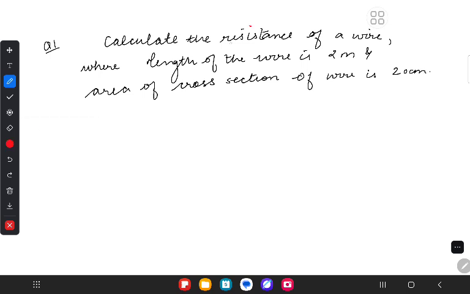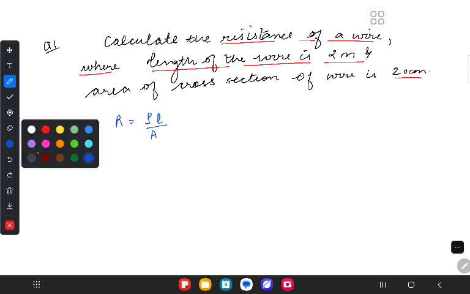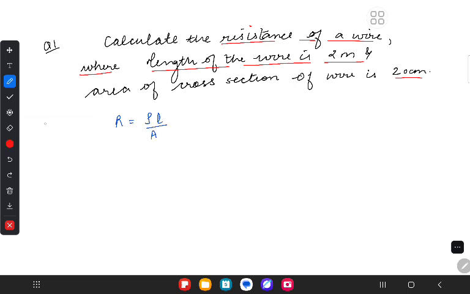So when I say calculate the resistance of a wire where the length is 2 meters and the area of cross section is 20 centimeters, what would that mean? So you say that resistance is equal to rho L by A. Got it? So resistance is equal to rho L by A.